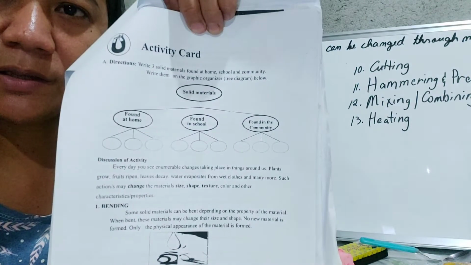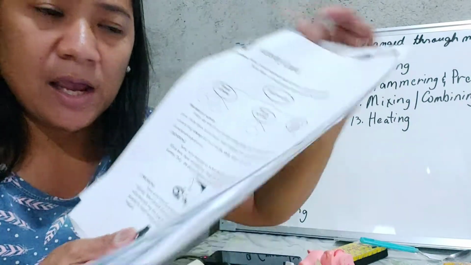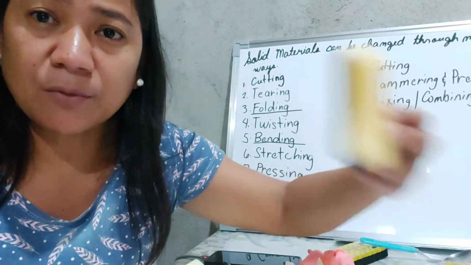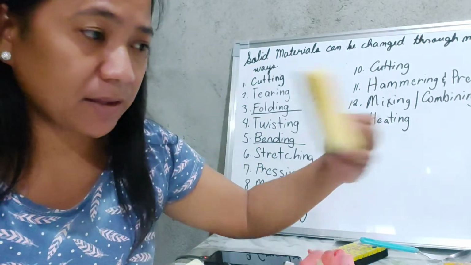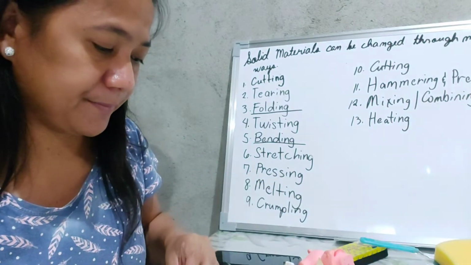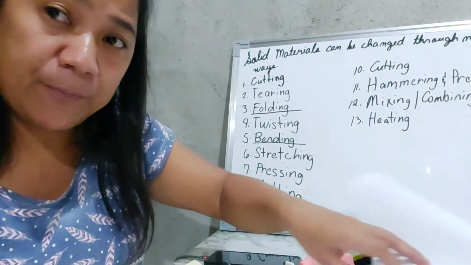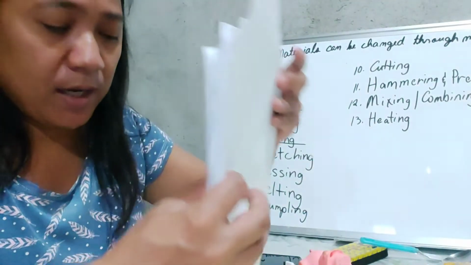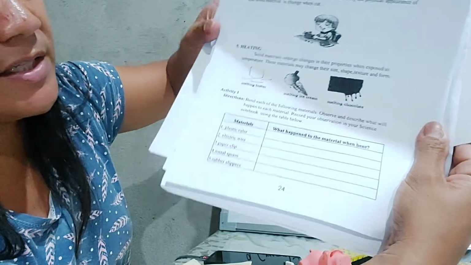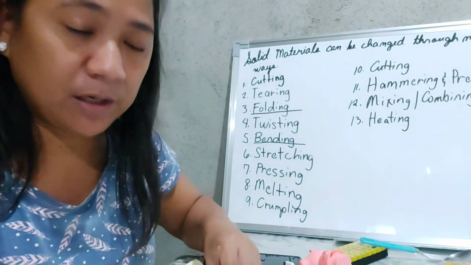On the activity card na nasa page 23 po ng kanilang module, I think hindi na po natin sila kailangan i-discuss kasi yung pag-demo po kanina, yung bending, gumamit po ako ng materials kanina, na-discuss na po sila doon. So, pwede na po tayo mag-answer sa activity 1 sa page 24. Yan po, pwede na tayo mag-answer dyan kasi na-demo naman na po natin sila kanina at the beginning of our topic.